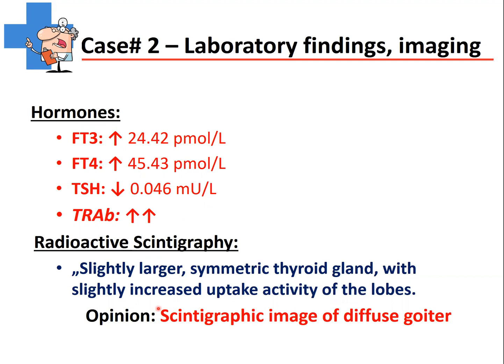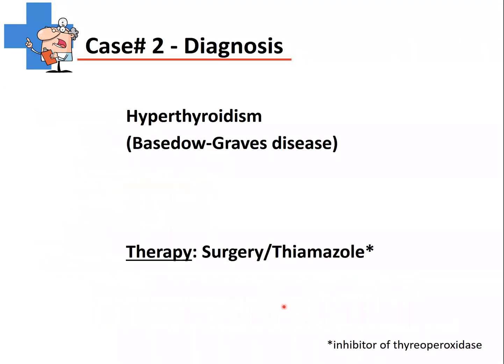So this is a general activity increase, a scintigraphy image of diffuse goiter. So this is Graves' Basedow disease, and what they usually perform is partial thyroidectomy, and thiamazole, an inhibitor of the thyroperoxidase.